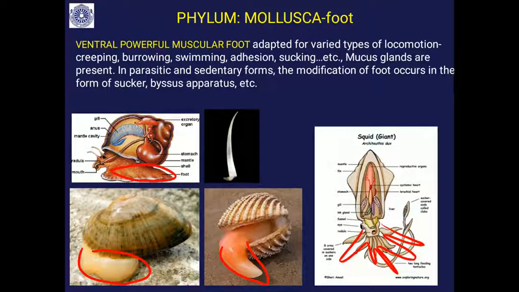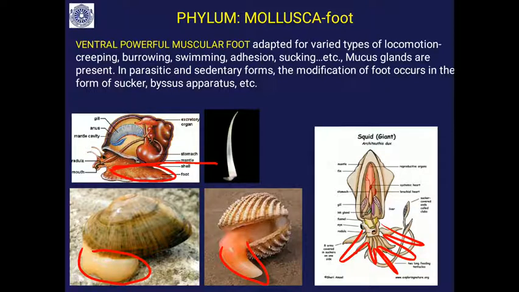They are adapted for varied types of locomotion. There may be creeping locomotion of a snail, burrowing locomotion in the case of dentalium, swimming locomotion in the case of many squids. They may adhere to rocks in the case of chiton, or there may be sucking locomotion in the case of octopus. So they are modified or adapted to perform different types of locomotion. Mucus glands are present in the foot.